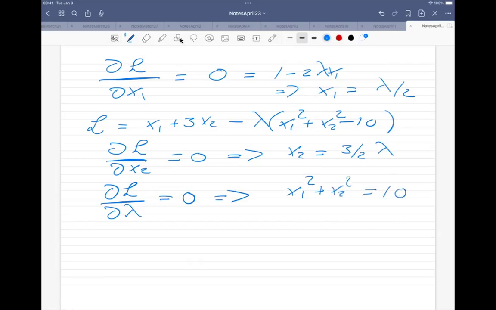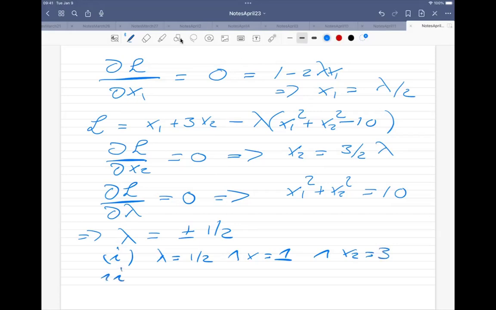And if I then use these relations which I have, I will then find the following. I will then find that lambda is equal to plus minus 1/2. So I will get two cases where lambda is equal to 1/2 and x1 is equal to 1 and x2 is equal to 3.